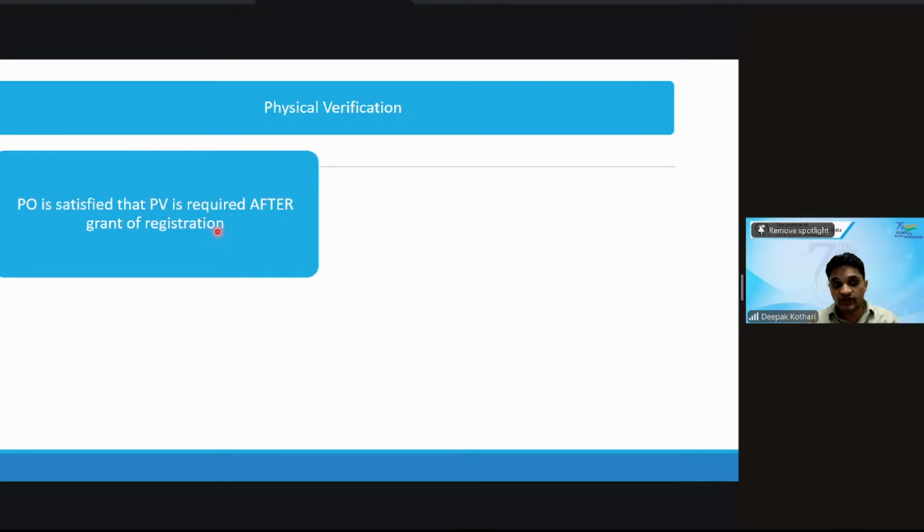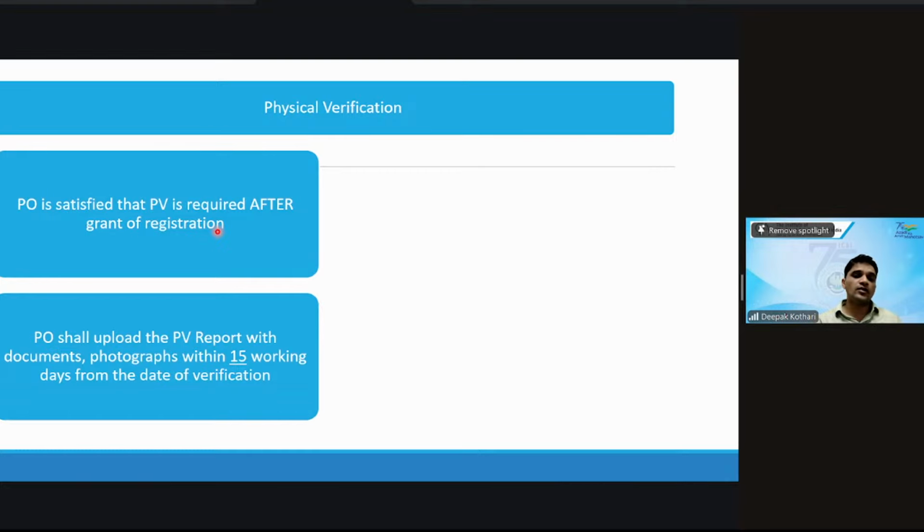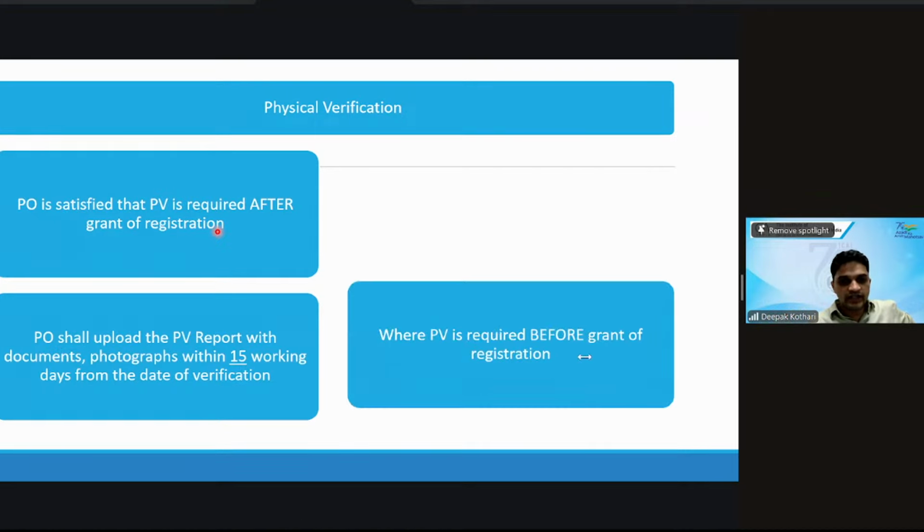If he is suspicious that I've given the registration, but the person is not operating from that place, they can do a physical verification, and PO should upload the verification report. ऐसा नहीं कि we have time limit, even officers will have time limit. Once they complete the verification, they have to upload the photographs and documents within 15 working days.